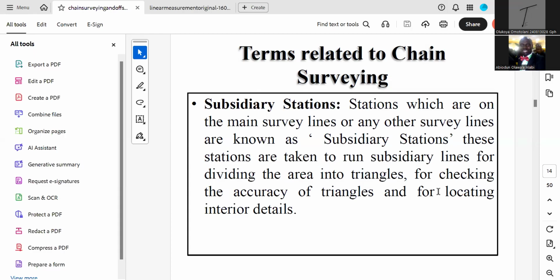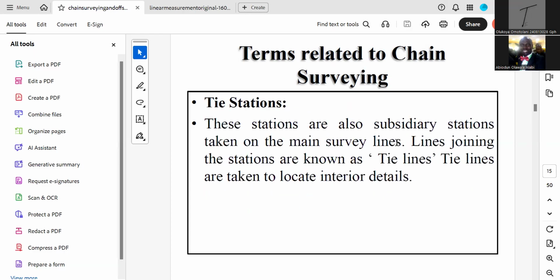So for checking the accuracy of the triangles or the chain survey framework, what type of line is that? The check line, sir. Yeah, check line. And for locating interior details, what type of line is that? The tie line. Good. So take notes of that.